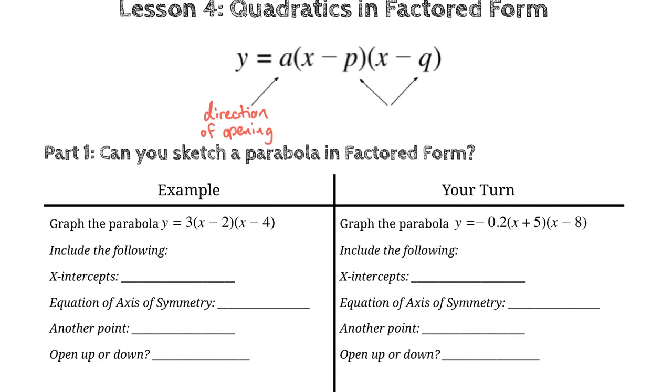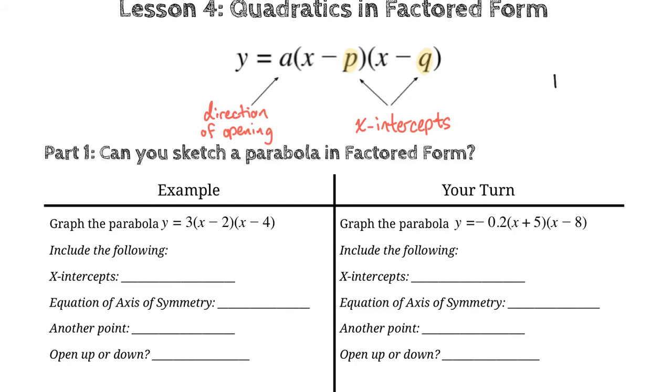The values inside the brackets, p and q, and I'm going to highlight them. This tells us what the x-intercepts are. And x-intercepts are just the points where your graph is going to cross your x-axis.